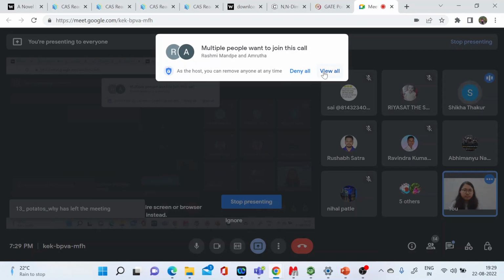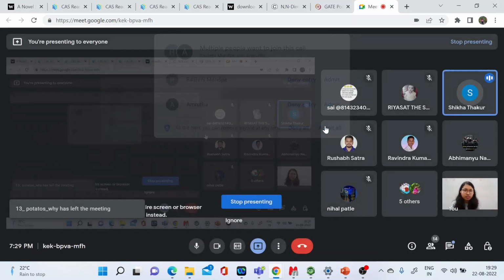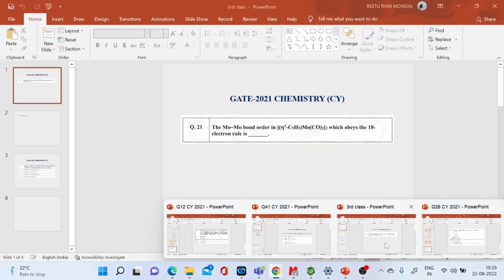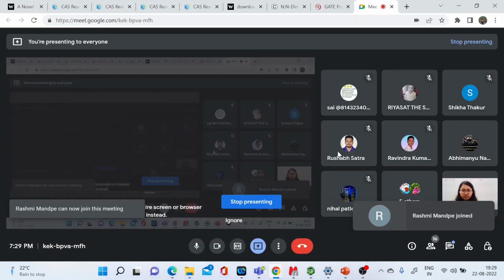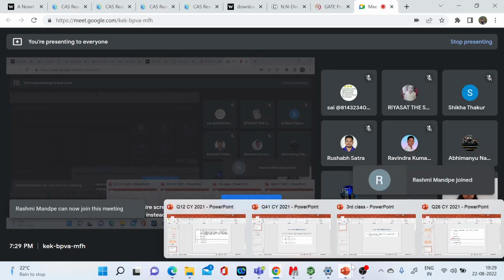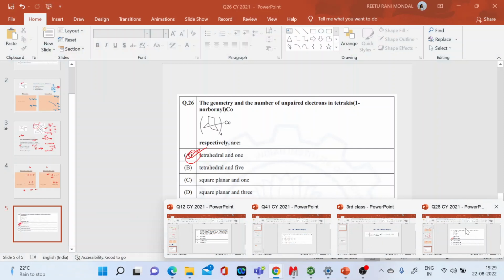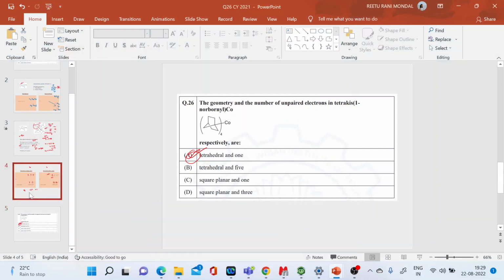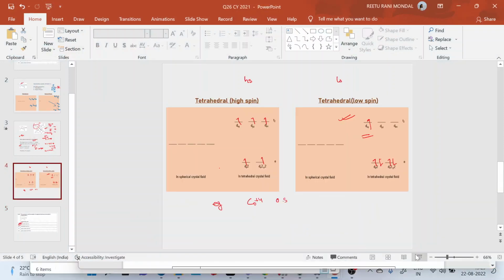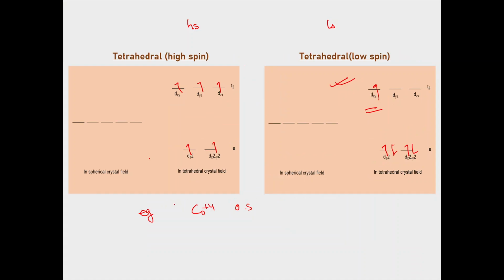Please repeat why low spin complex. Oh, yeah, just wait. Okay. See, metals in their higher oxidation states prefer the low spin state. This high spin and low spin depends on a few factors.